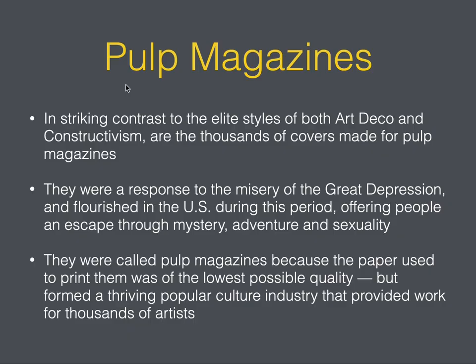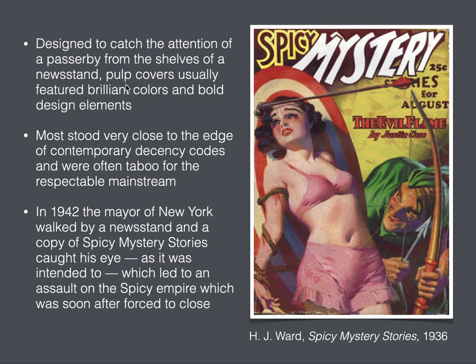And they were a response to the misery of the Great Depression, and really flourished in the U.S. during this period, which helped to offer people an escape through mystery, adventure, and sexuality. And they were called pulp magazines because the paper used to print them was super cheap, very low quality, but still really formed a thriving popular culture industry that provided work for thousands of artists.